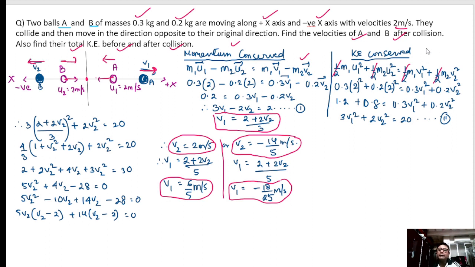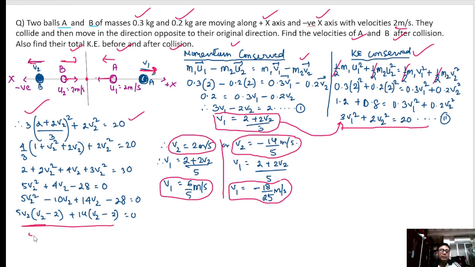Similarly, we know kinetic energy is also conserved. So kinetic energy before collision is this and after collision is this, half cuts. Putting m1, u1, m2, u2 with v1 and v2 unknown, this is the relation between v1 and v2. Now putting the value of v1 here, we get this. So now calculating it, we are getting a middle term factor and solving it.